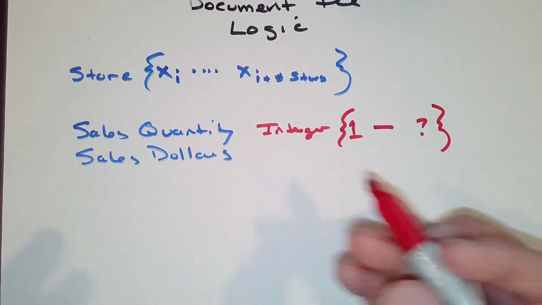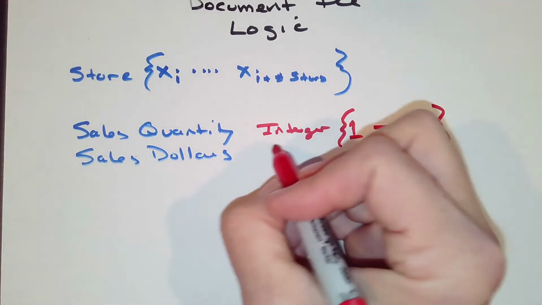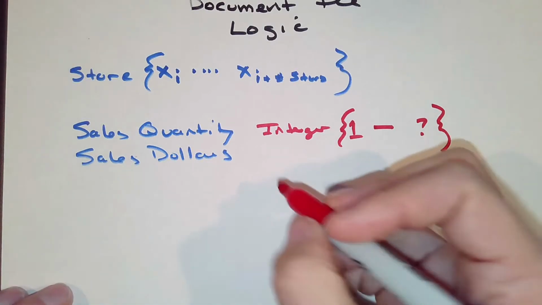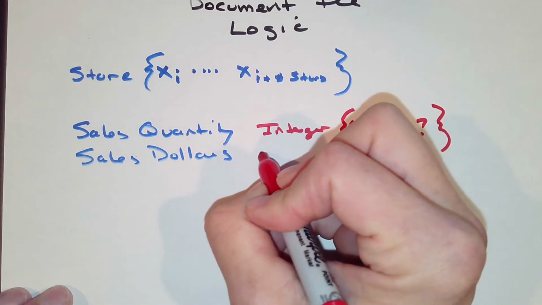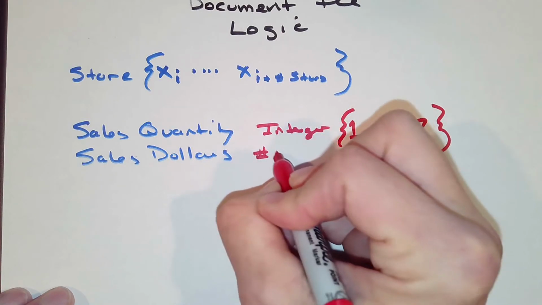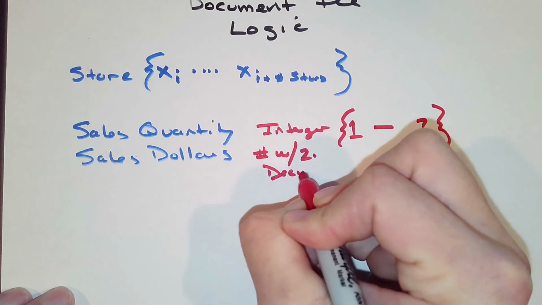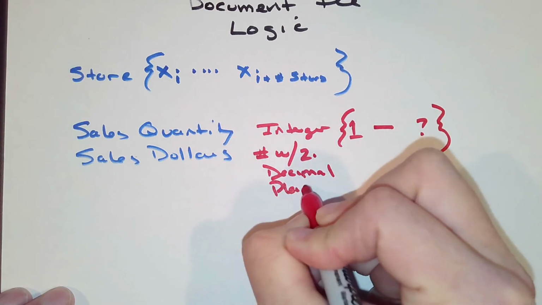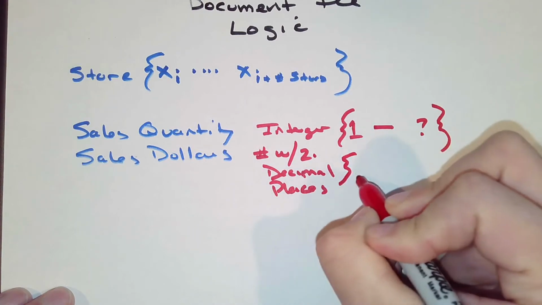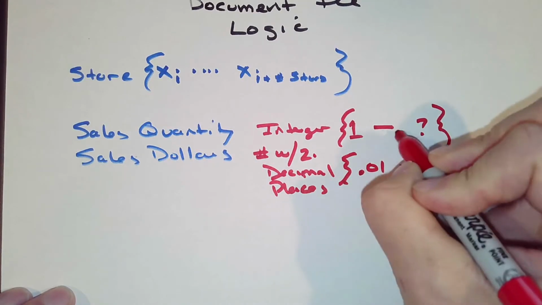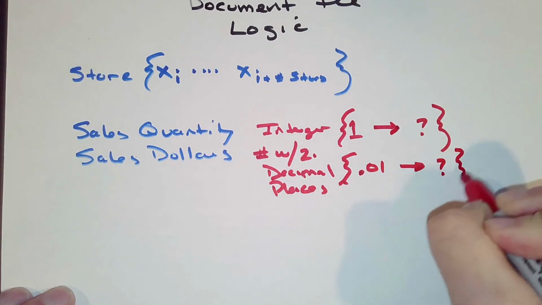And we also have dollars, and we'd assume that this would be a floating number, some number with 2 decimal places, that goes from 0.01 to some quantity that we don't know.